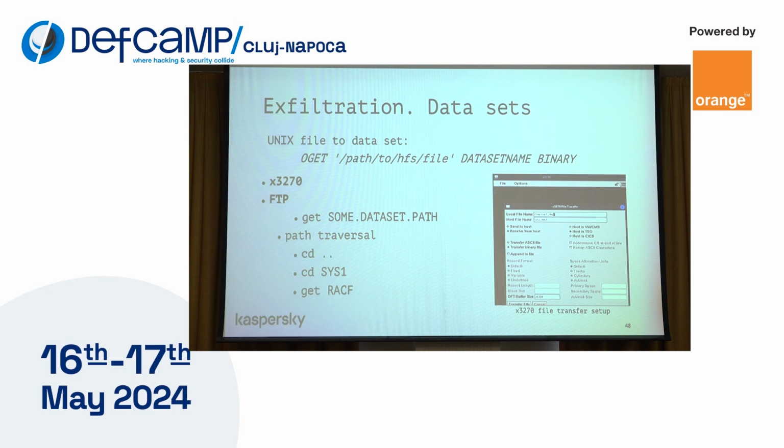When you connect to an FTP server, you gain access to datasets under a certain user. But it is not a bad idea to check for path traversal and to gain access to sensitive data like the RACF database. And also you may convert a Unix file to a dataset.